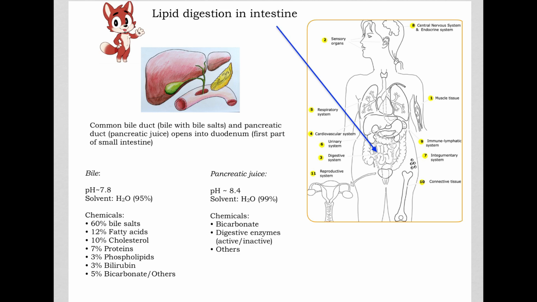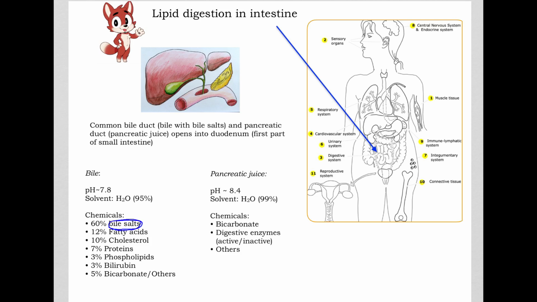So the duodenum gets bile, and this bile is made in the liver but stored in the gallbladder. And the duodenum also gets pancreatic juice that comes from the pancreas. Bile is very rich in bile salts.